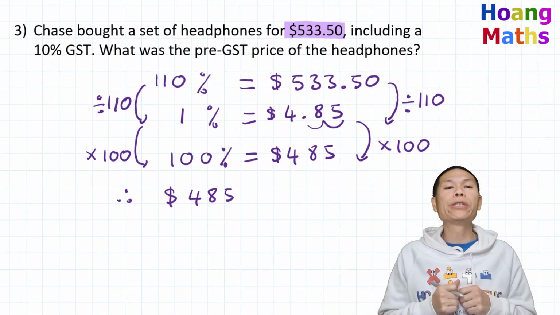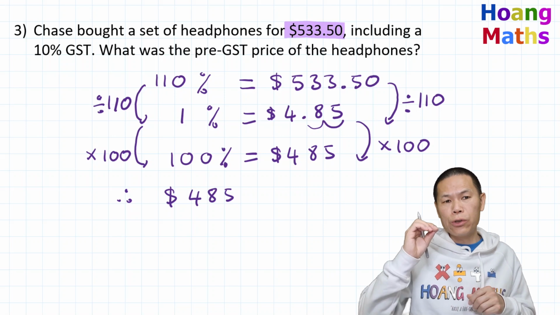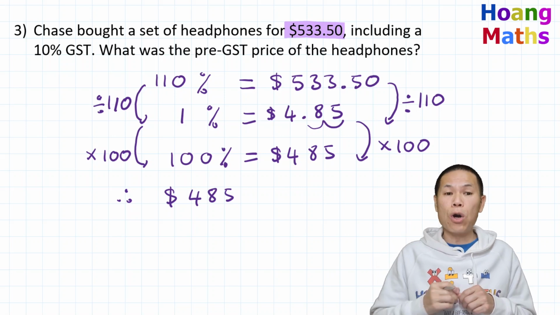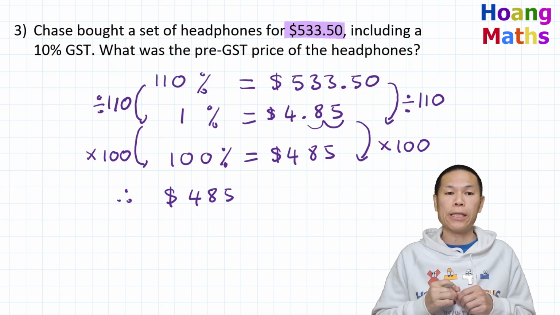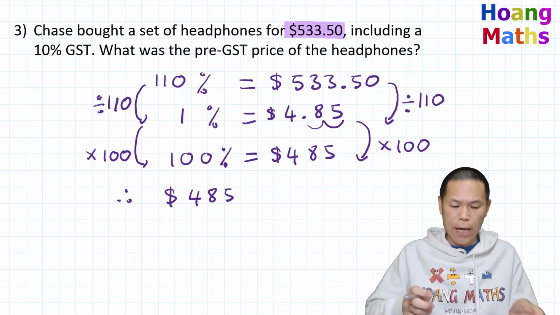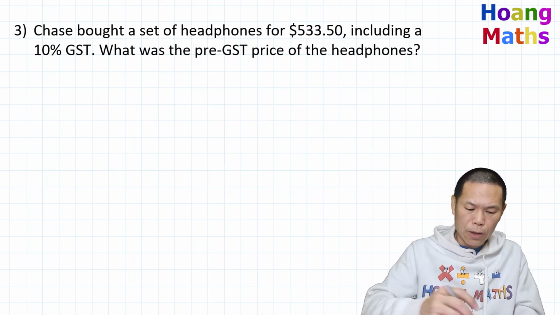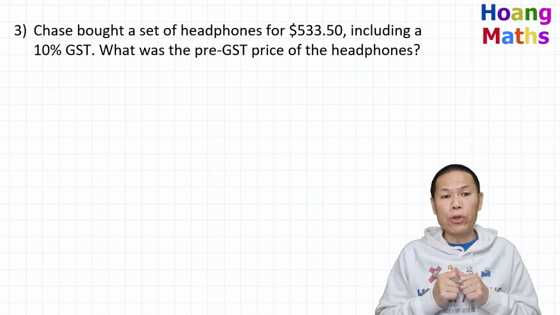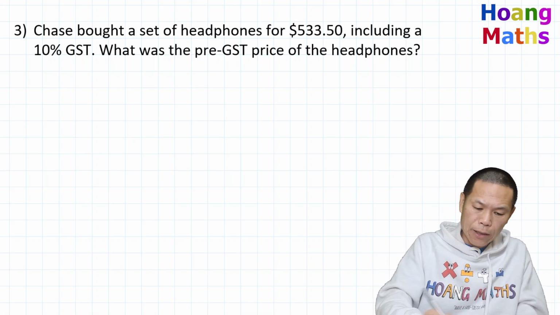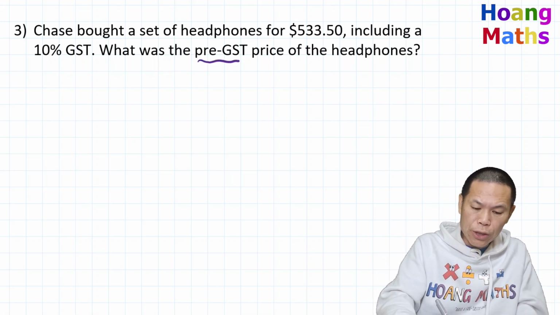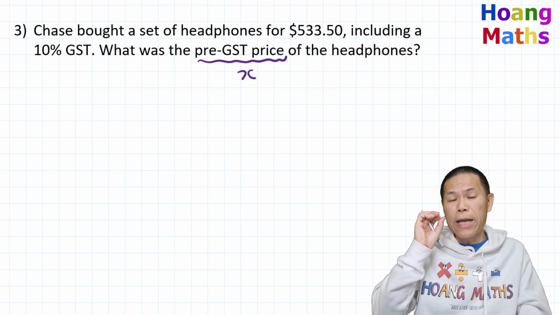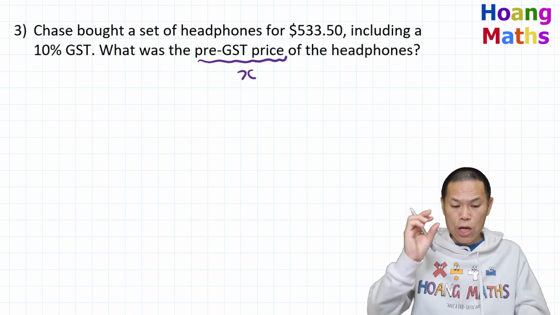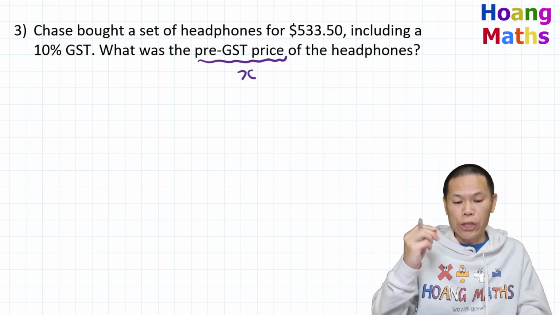Now, instead of using the unitary method, you can use a different method to work out the original price, that is the price before GST. Let me just show you how. Let me clear this first. So the price before GST, the pre-GST price, is X. We know that we need to pay 110% of the price before GST.